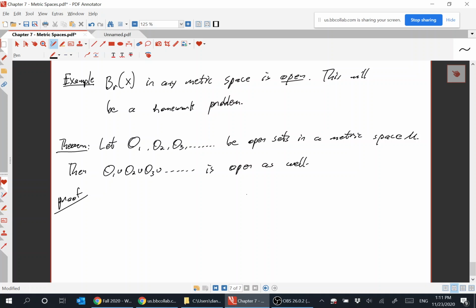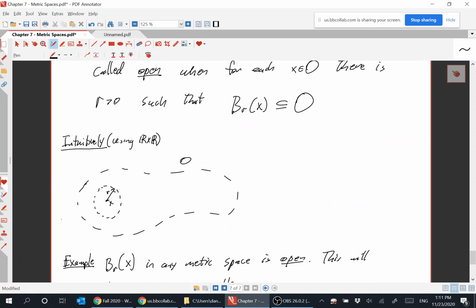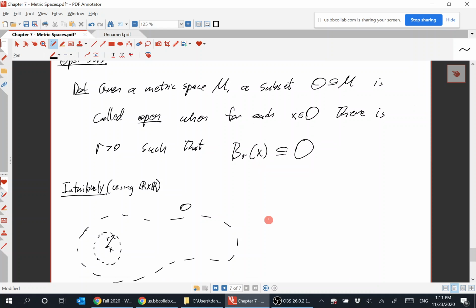What was the definition of an open set? For each x in the set, there is R such that the ball of radius R around x stays inside the open set.